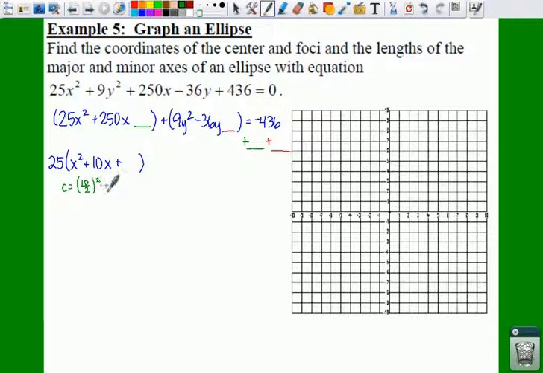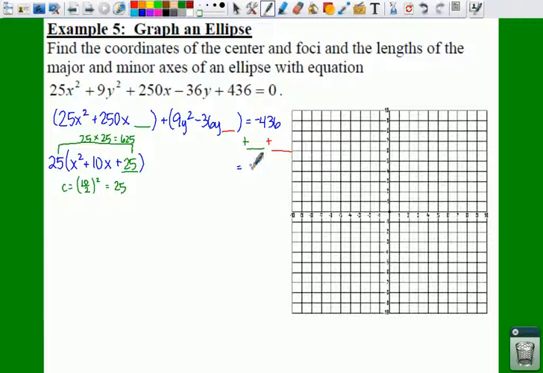So 5 squared is 25. So we're going to add 25 right here. However, on the right, we're not just going to add 25, we're going to add 25 times 25. For those of you that don't know your perfect squares, that is 625. That's what's going to be added on the right side.